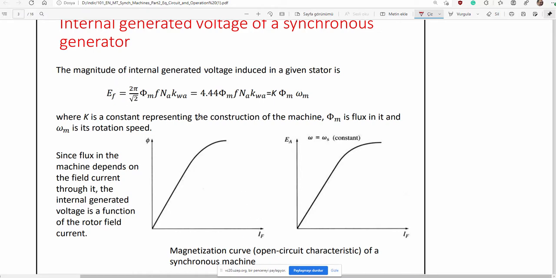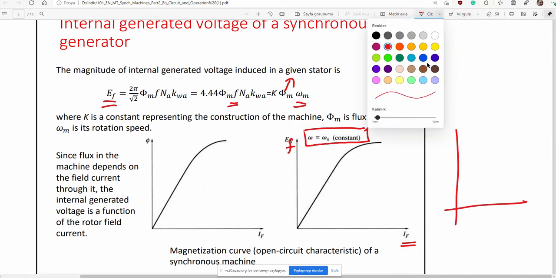In the beginning of the EMF section, EMF is a function of field and speed or frequency. If we conduct such an experiment under constant speed, and measure EF with respect to field current, we observe this relation.